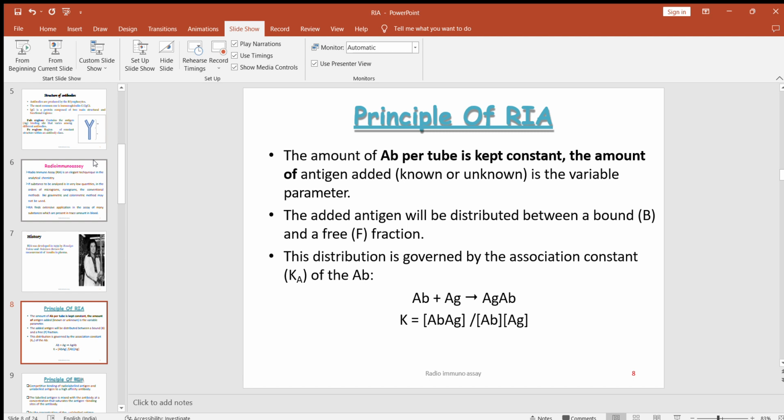This distribution is governed by the association constant Ka of the antibody, that is K equals the concentration of the antigen-antibody complex divided by the concentration of antibody times the concentration of the antigen. By using this formula, we can calculate the association constant.